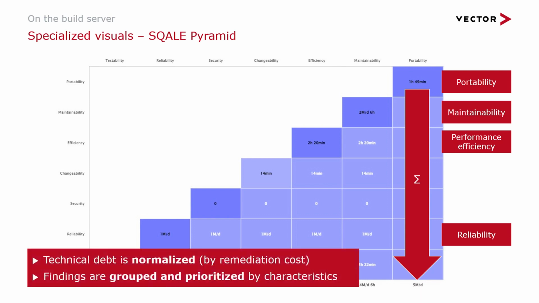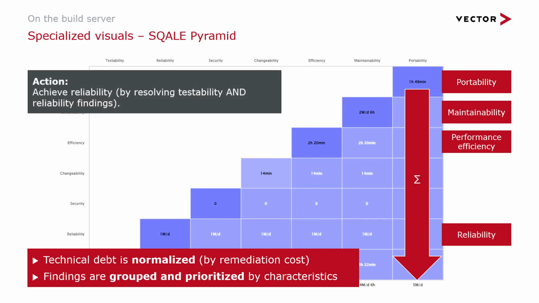So the technical debt that we see is normalized by remediation cost, and the findings are grouped and prioritized by characteristics. So this helps us taking actions like achieve reliability, and then we know exactly what to do. We have to resolve testability and reliability findings.